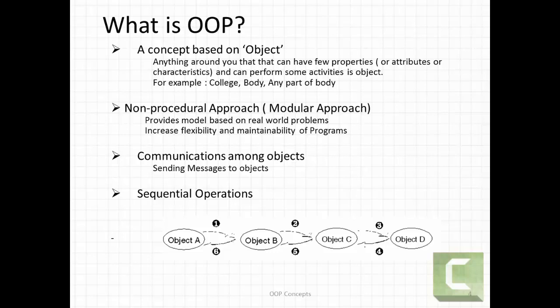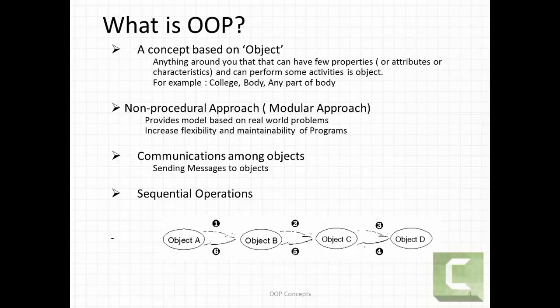Communication among objects. Any system where you have a lot of objects, they need to communicate among themselves. Without communication, the purpose of the application cannot be fulfilled. What does communication mean here? Sending messages to and from the objects. OOP is a sequential operation. There is a set of objects in a program, a project, or a module, and those objects communicate with one another.